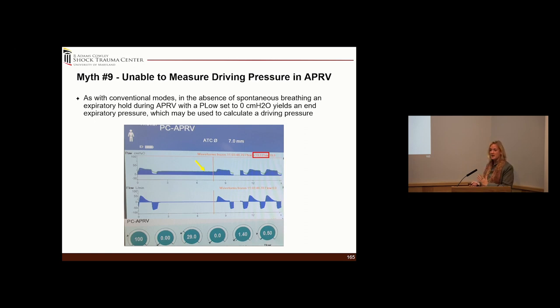There was no spontaneous breathing. I know, Luigi, I want to try that where they are spontaneously breathing, but these had no spontaneous breathing. So we take 29 minus 20, and that's going to be our driving pressure, right? Then I do my expiratory hold there.